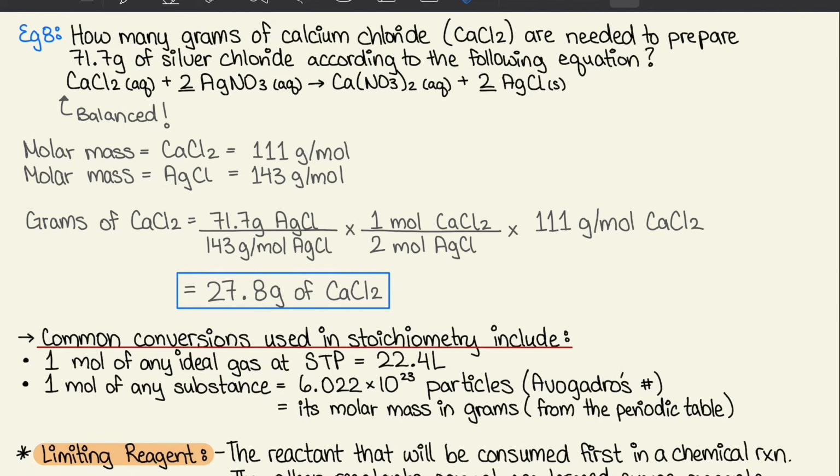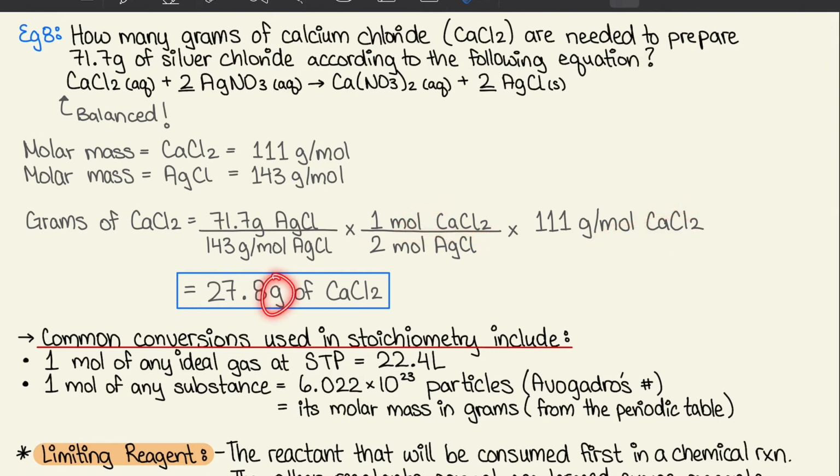Because the mole is in the denominator of another fraction, that mole goes to the top, so the top and bottom cancel out. And then the moles of CaCl2 cancel out with the mole of the 111 grams per mole. So our value is in grams.